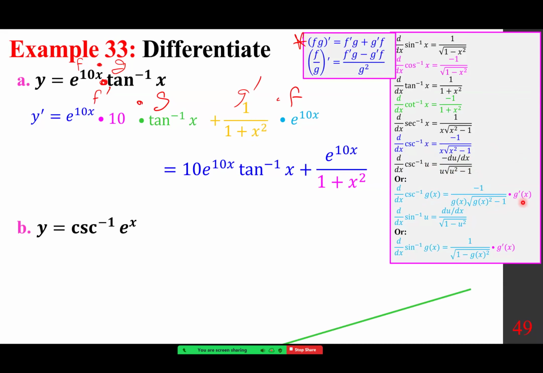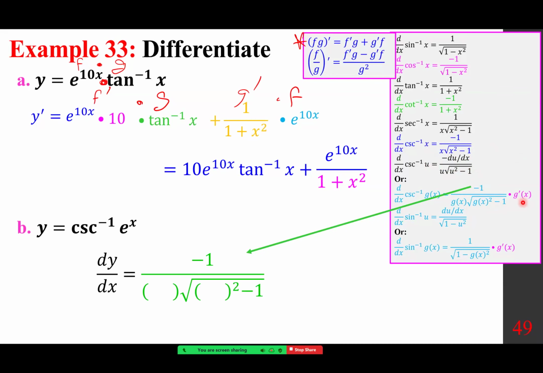So what I like to do, I like to write it in this fashion. Following the fact that this is your g of x, and following the formula, what goes in here is g of x, which means e to the power of x. Same thing here.